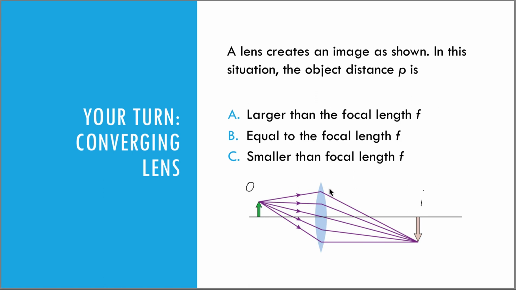So what we notice is that the image formed is real because the rays are intersecting. So we know that the object distance is not smaller than the focal length. That would be like the magnifying glass forming the virtual image. So it turns out that the object distance P is going to be larger than the focal length.